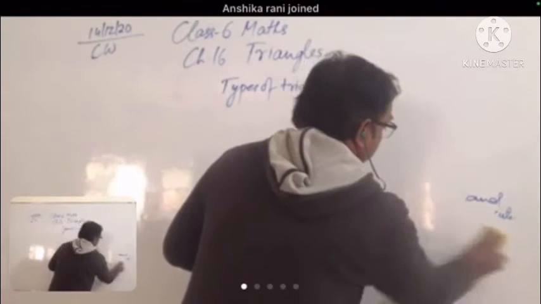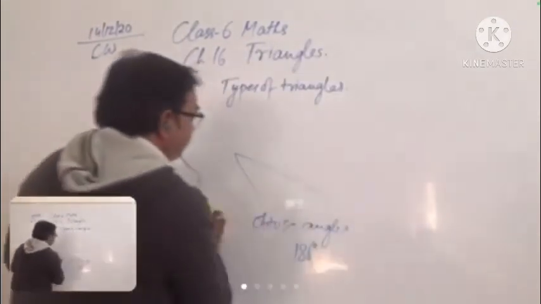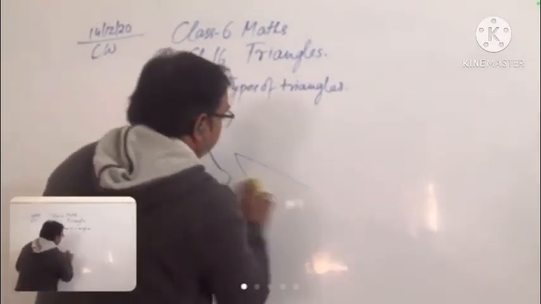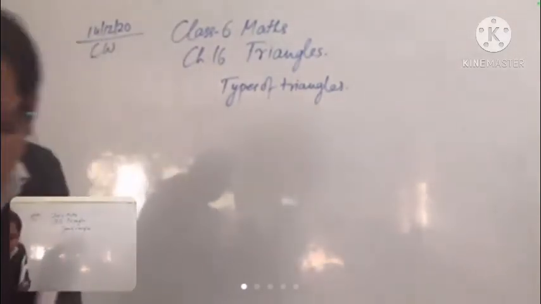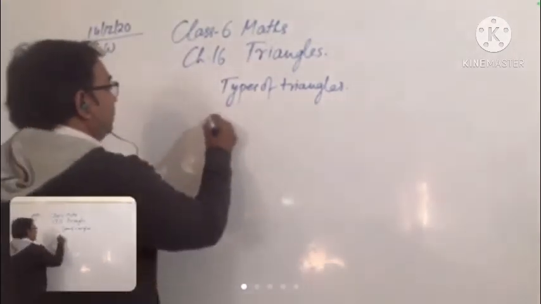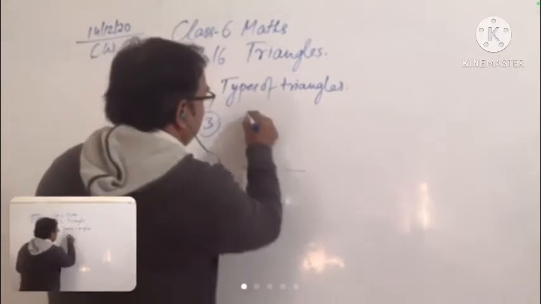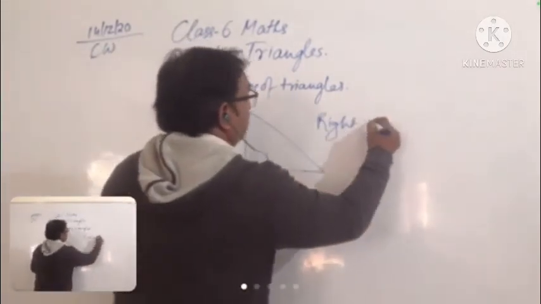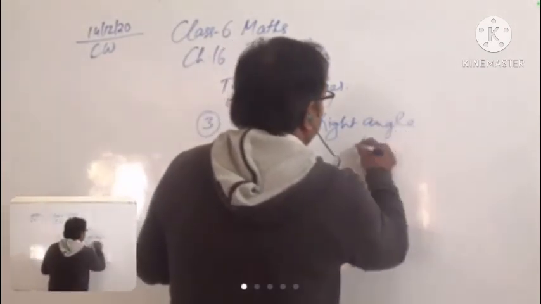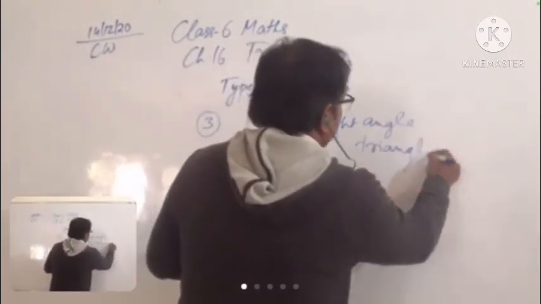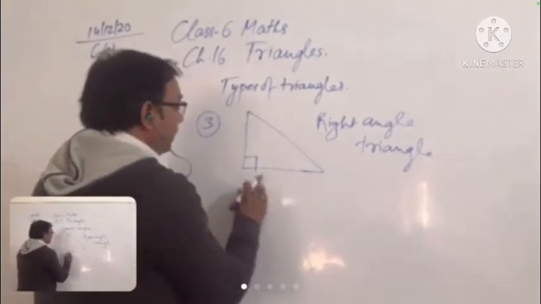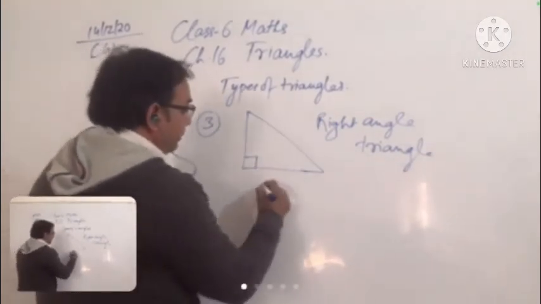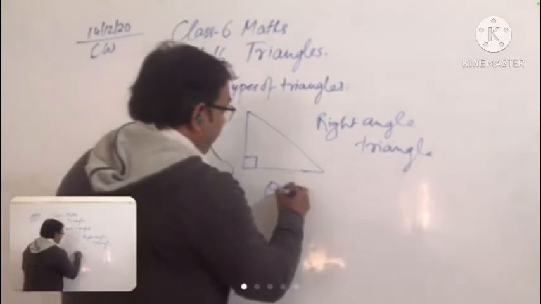Now the third one is a right angle triangle. In a right angle triangle, we know that a right angle is equal to 90 degrees. So in a right angle triangle, one angle must be 90 degrees and the other two are acute.